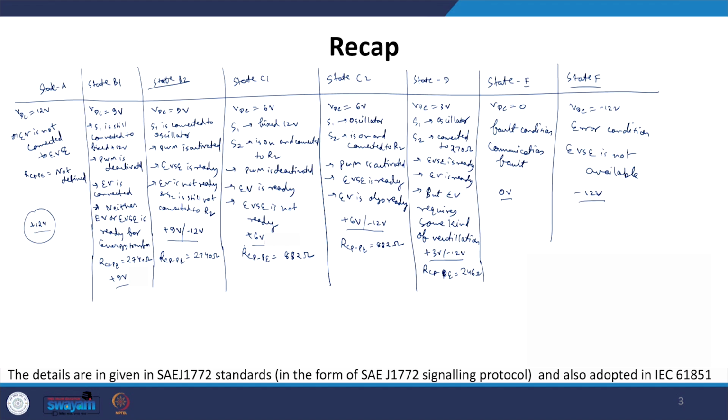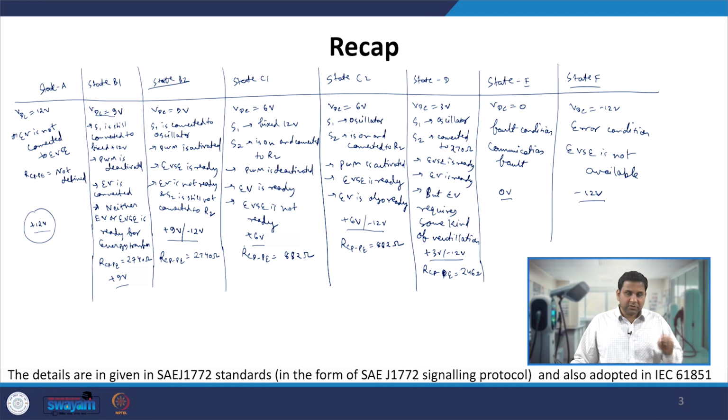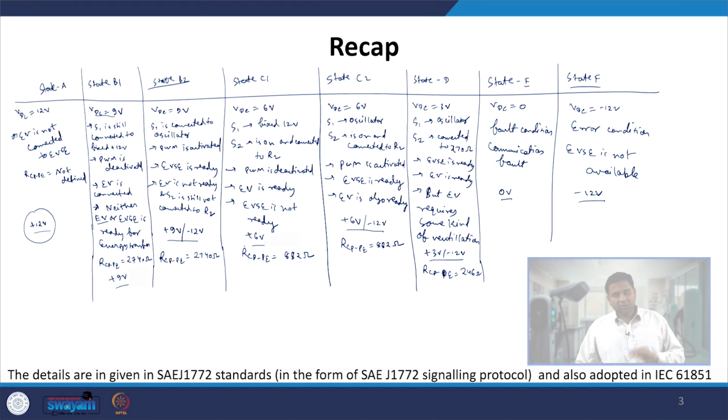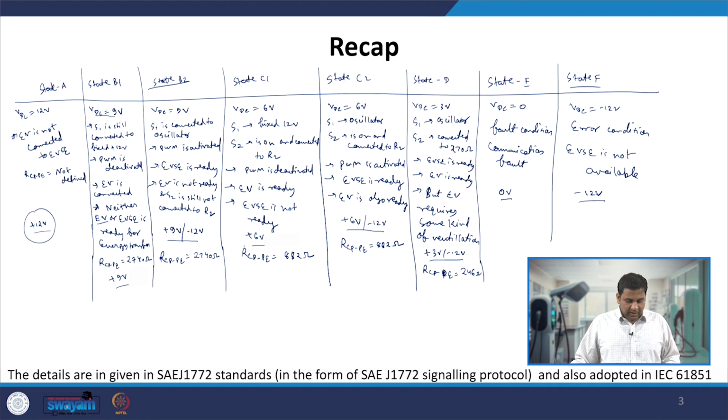Then when the charger gets plugged into the EV, the voltage measured will go to 9 volt. However, the S1 switch is still connected to the fixed 12 volt. The PWM is deactivated, and since the PWM is deactivated, it indicates that the EVSE is not ready, and since it is 9 volt, it indicates that the EV is connected, but the EV is also not ready for energy transfer. So neither the EV nor the EVSE is ready for energy transfer.